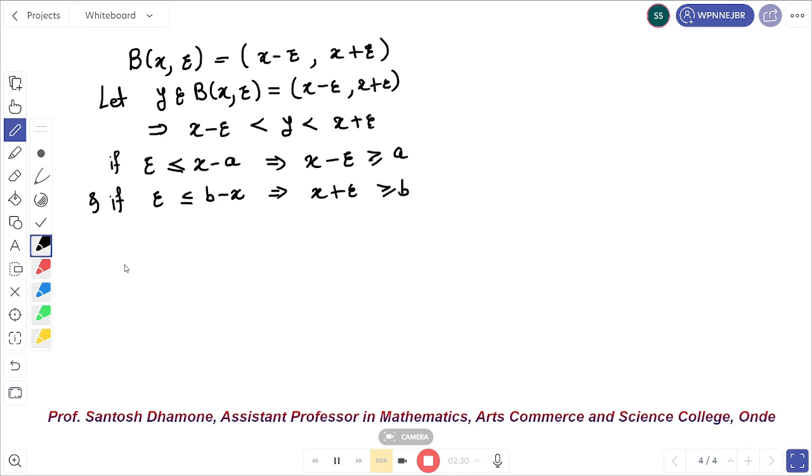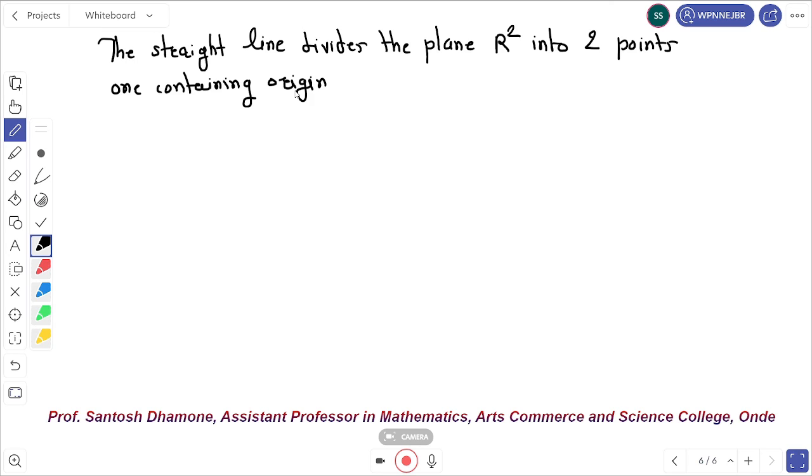The straight line divides the plane R2 into 2 parts, one containing the origin and the other not containing the origin.